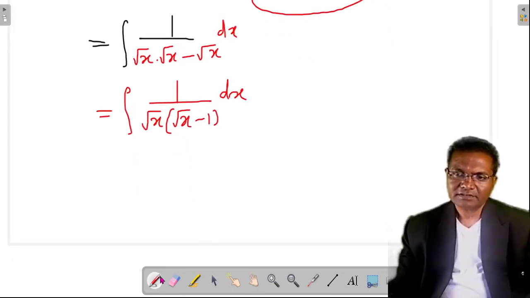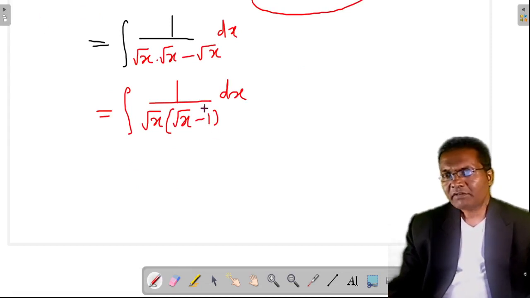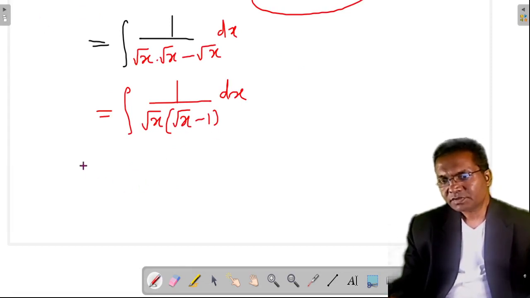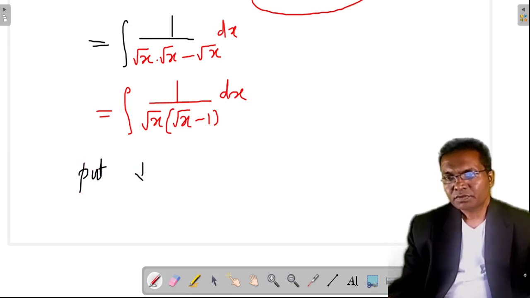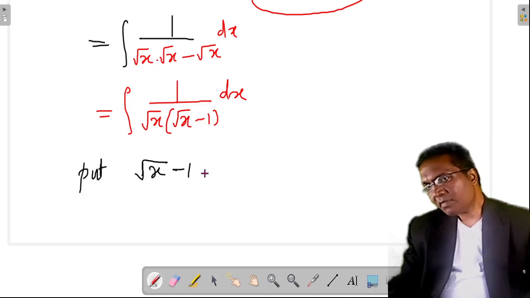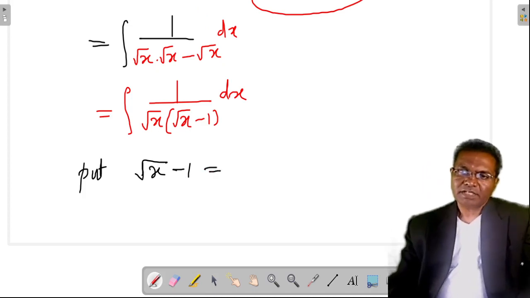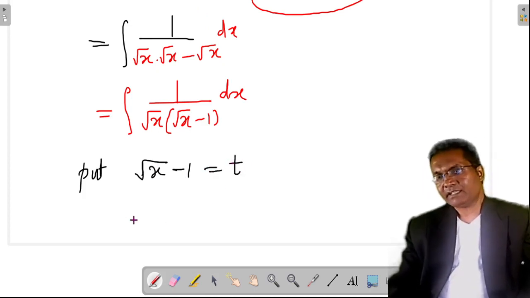Okay. Now if you substitute this, put root x minus 1 equals t.